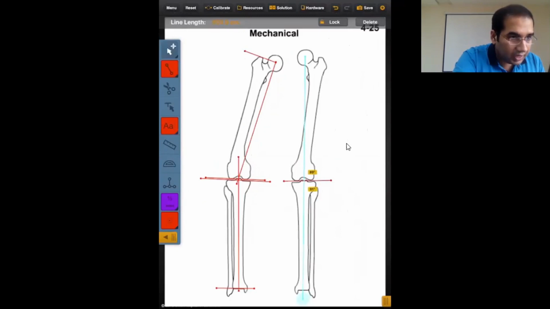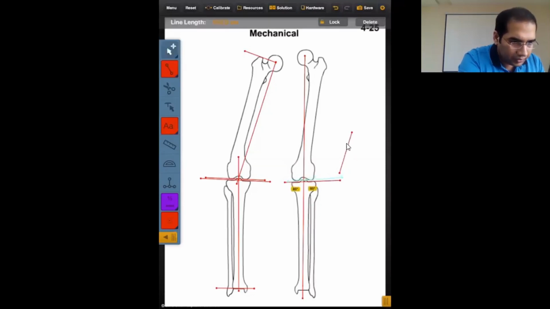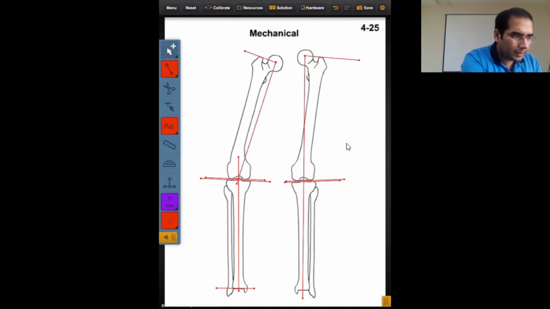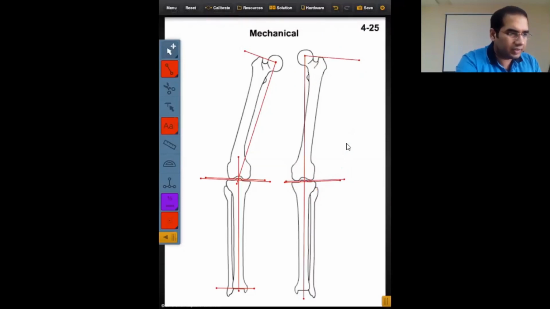Okay. The mechanical axis of the limb, as you can see, is passing through the center, and as you can see here, now the lateral distal femoral angle here is 88 degrees.